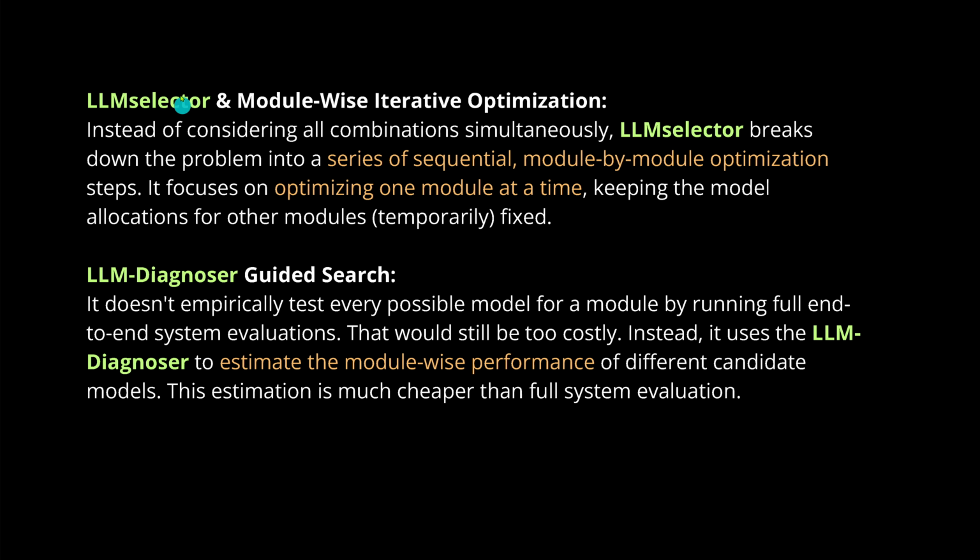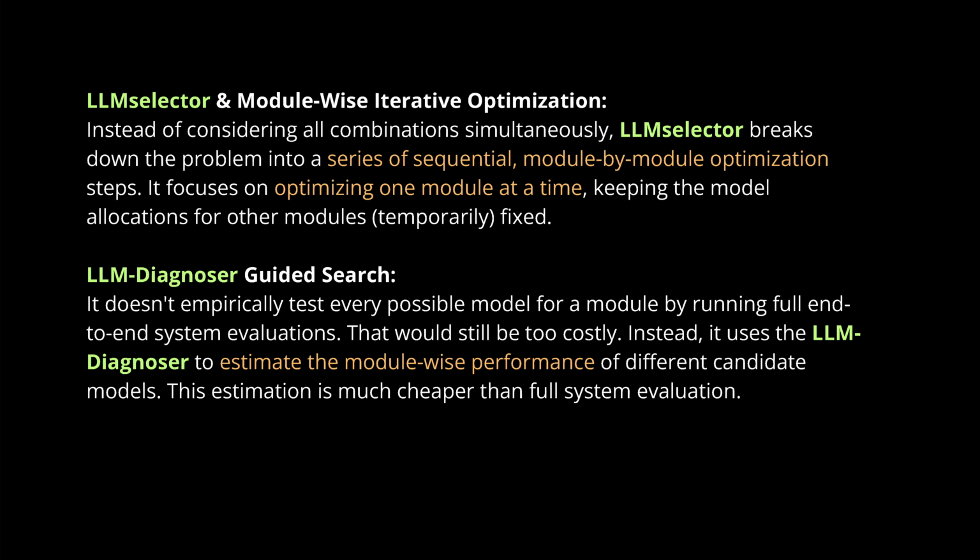Then we have, within the selector framework, the LLM Diagnoser. And it does not empirically test every possible configuration by running a full end-to-end system evaluation, because that would be too costly if you have multiple systems. So instead, and this is the trick or the beautiful thing here, it uses the LLM Diagnoser to estimate the model-wise performance, and I have shown you this on the example already.